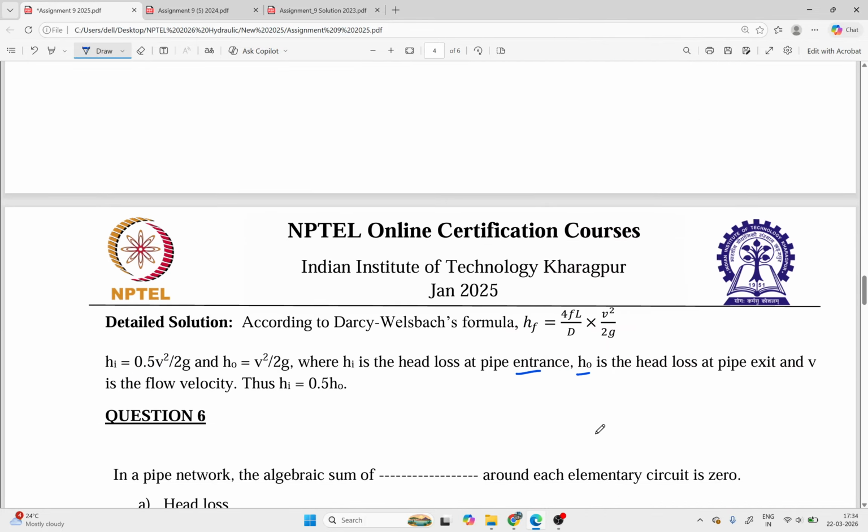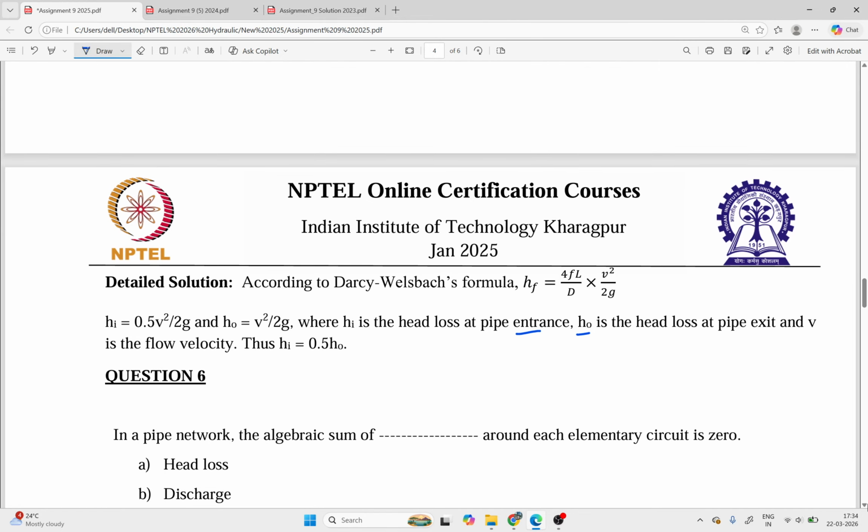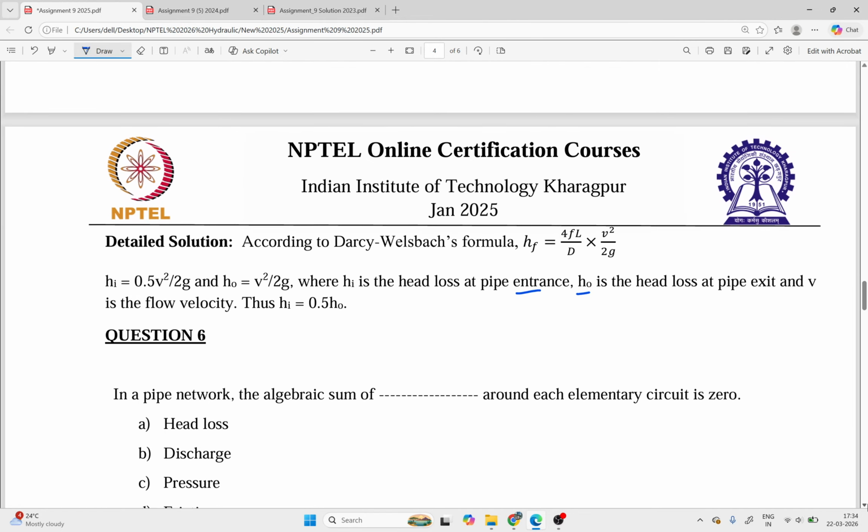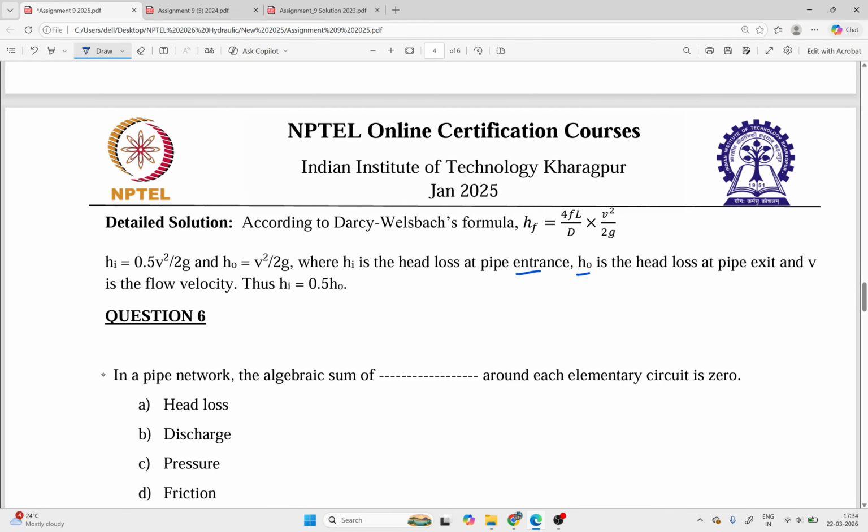Question number 6. So question 6 is, in a pipe network, the algebraic sum of, here we need to fill in head loss, discharge, pressure, or friction, around each elementary circuit is 0. So which one? Whether your head loss will be 0 around each elementary circuit, or discharge, pressure or friction.